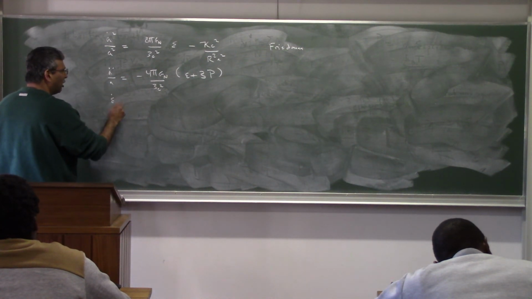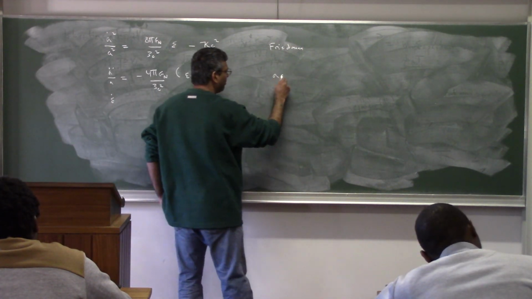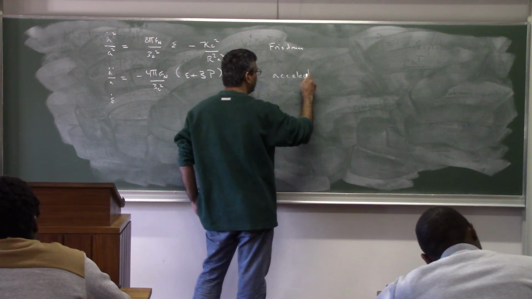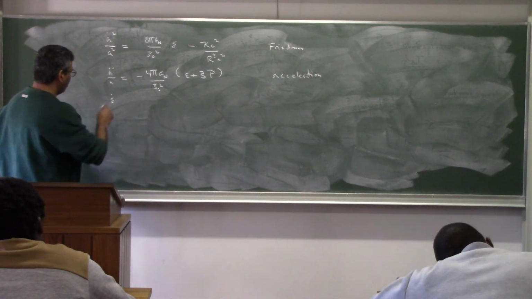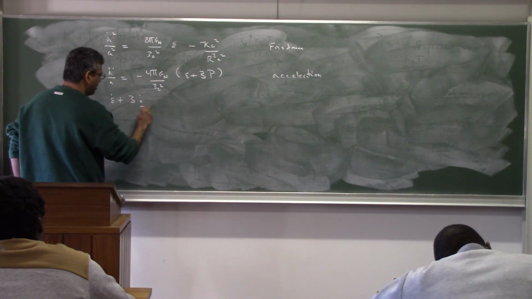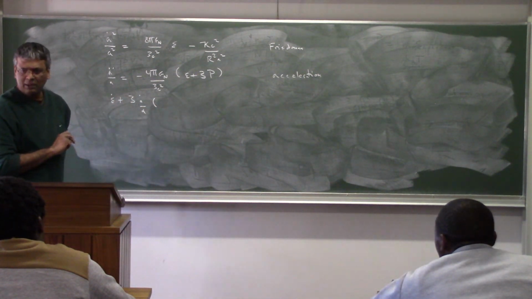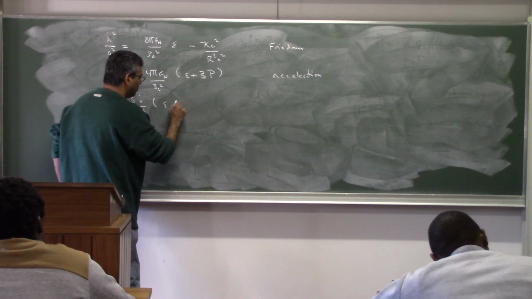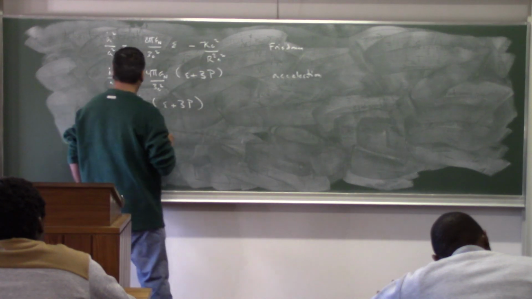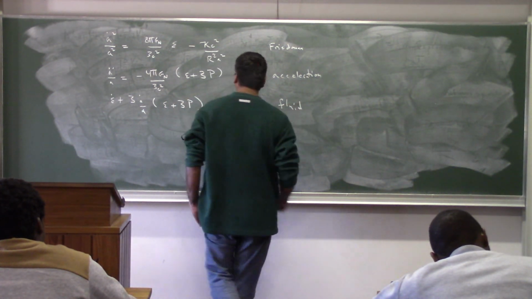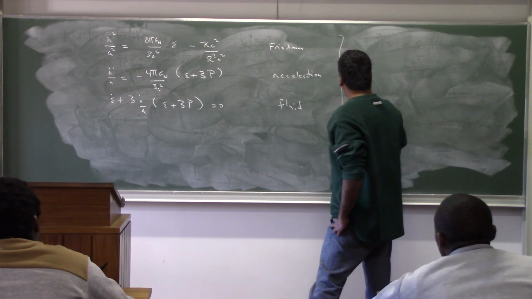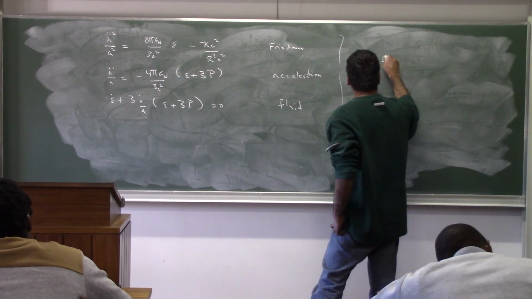And we have epsilon dot plus 3ȧ over a times epsilon plus p equals 0, and that's the fluid equation. And we notice that two of these are independent.